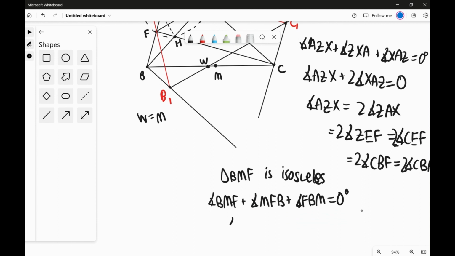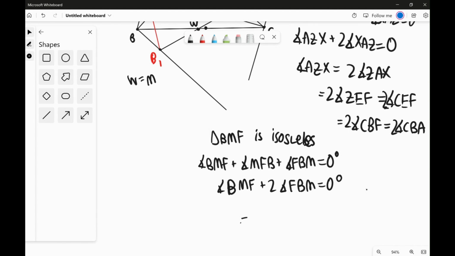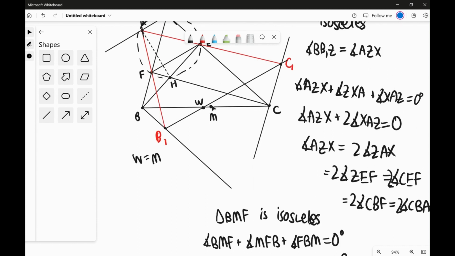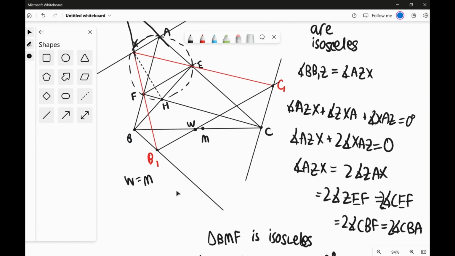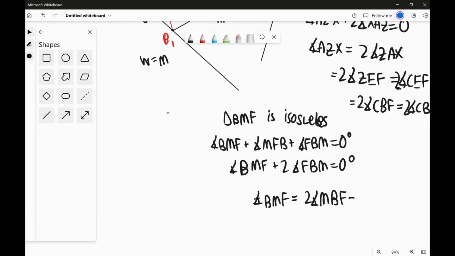So that means that directed angle BMF plus 2 directed angle FBM is equal to 0 degrees. And as a result, directed angle BMF is equal to 2 directed angle MBF. And noting that M lies on BC and F lies on AB, this is just 2 directed angles CBA.